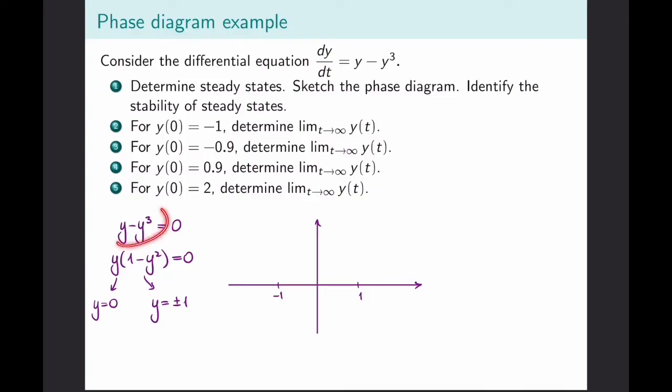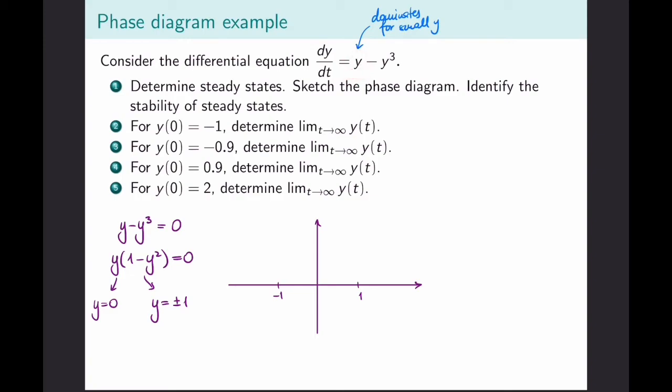Let's take a look at the original, y minus y cubed. Here, the power domination analysis is going to be extremely useful. So recall that for small values of y, the smaller power dominates. So for small values, my graph resembles y, which is, of course, a line of slope 1.